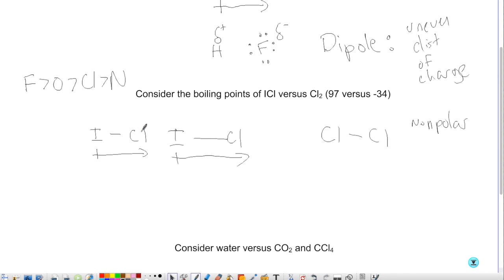There is an attraction between the negative side of this molecule and the positive side of this molecule, okay? And this is a dipole, and this is a dipole. So this is called a dipole-dipole interaction. All right, and dipole-dipole interactions are actually fairly strong.